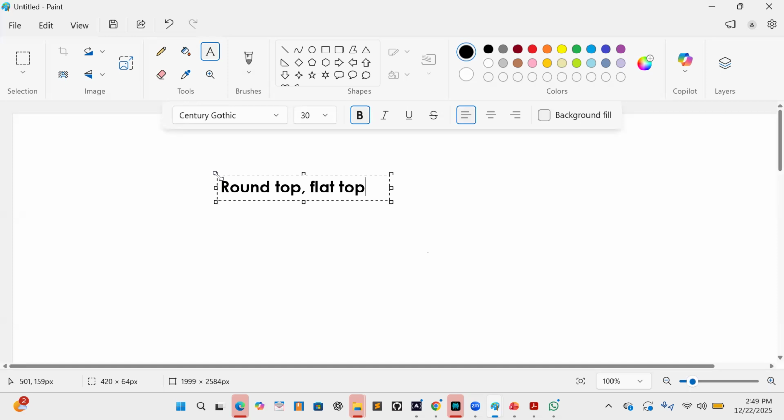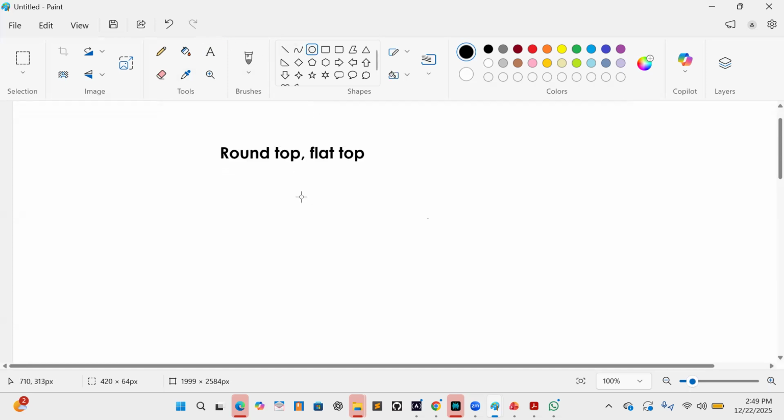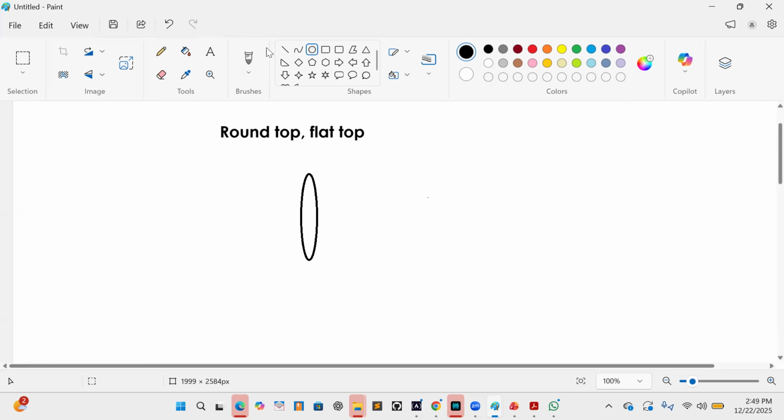Commonly we have the round top and the flat top. Let's assume this is a distance prescription. Then you add the add by the side. So when we say flat top, we are saying the top of that add is flat.